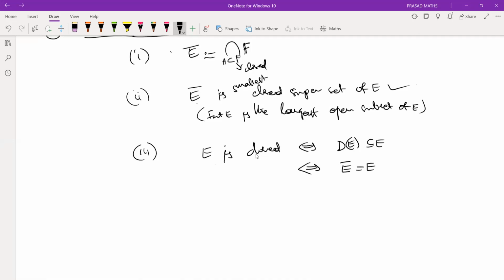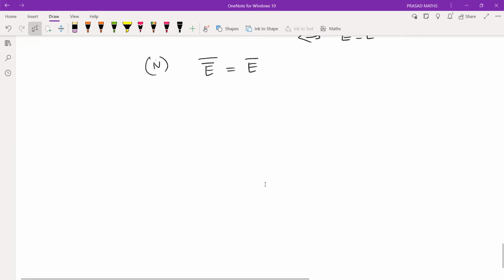Whenever E is closed, E closure is the set itself. And the closure of E closure is E closure itself, because E closure is a closed set, and the closure of a closed set is itself by property 3. Is it clear?